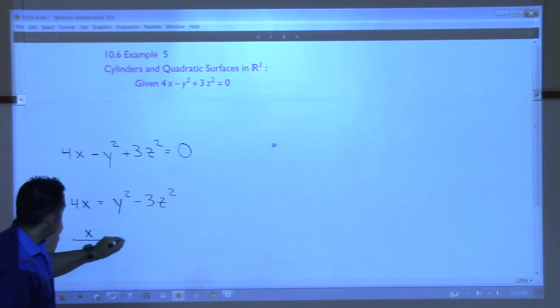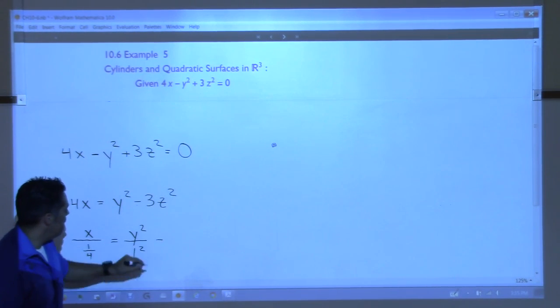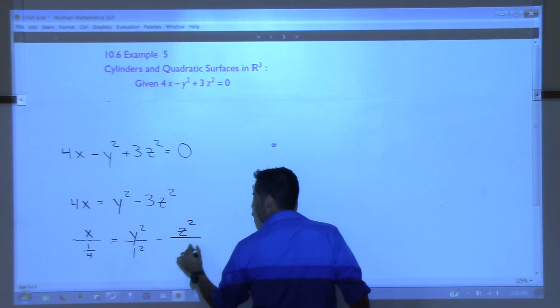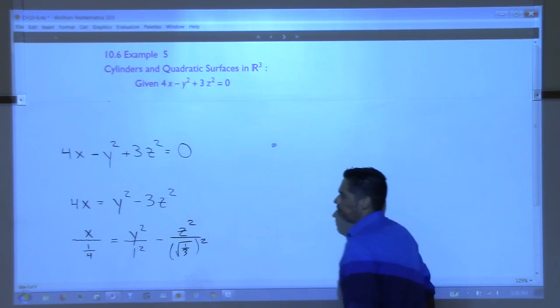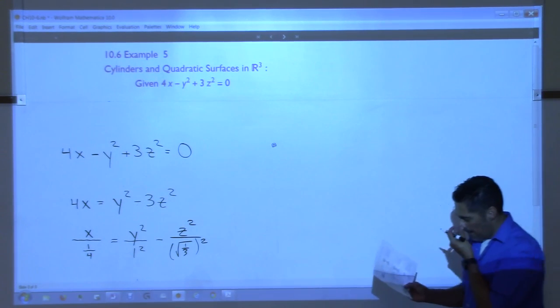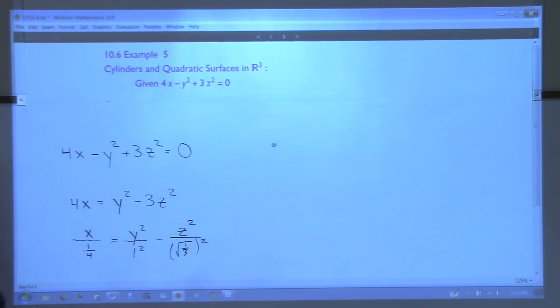And then over here, y squared over 1 squared, then minus, now this one's like the previous one, z squared over the square root of 1/3, squared. Okay, so it's a hyperbolic paraboloid. Is this pretty straightforward? Okay.